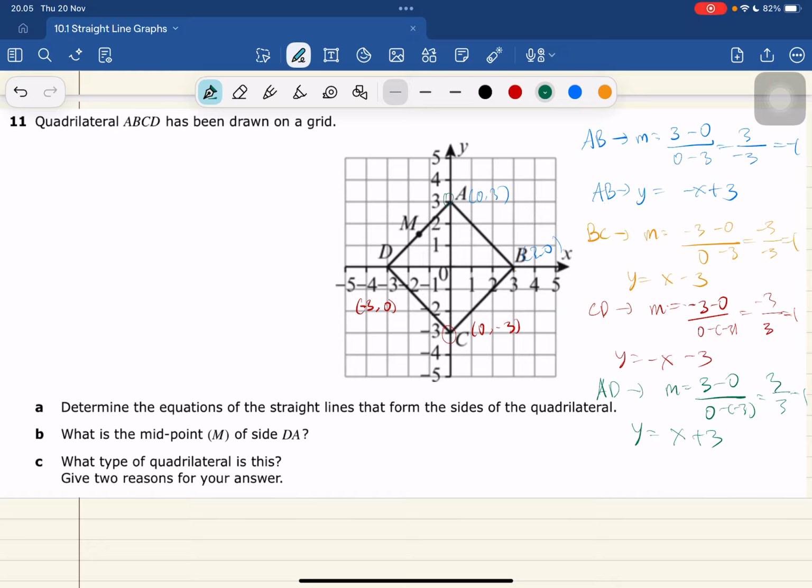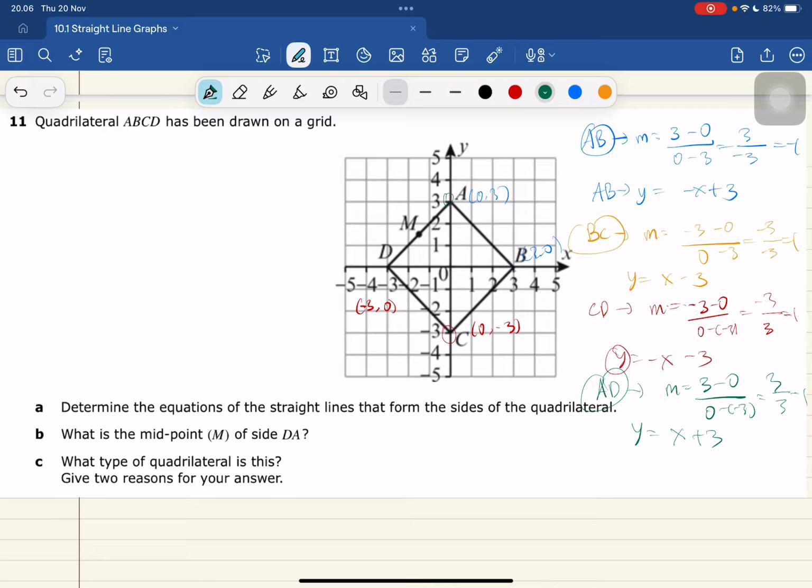Okay, we got the equations. AB is y equals minus x plus 3, and BC is y equals x minus 3. CD is y equals minus x minus 3. AD is y equals x plus 3.